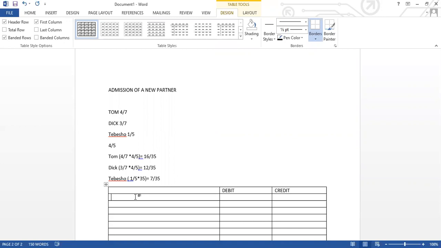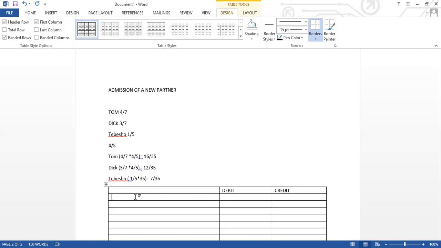We cannot distribute it among the new partner. Why? Because Tebesho cannot benefit from the goodwill. He was never there. He was never in the partnership, so he can't benefit from the hard work of others. Therefore, it should be distributed among the old partners, the other two partners.